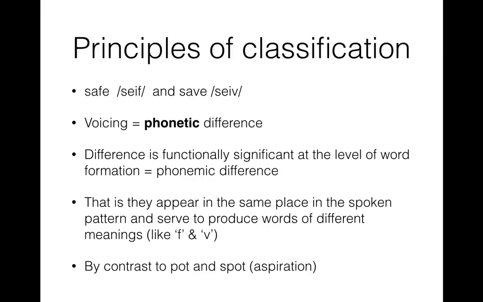So the phonetic difference between safe and save has got a value. It makes a difference between safe and save. So that's why the difference is functionally significant. You can have other words in which there is some phonetic difference, but it doesn't lead to any functionally significant difference. Later on I'm going to talk about that.